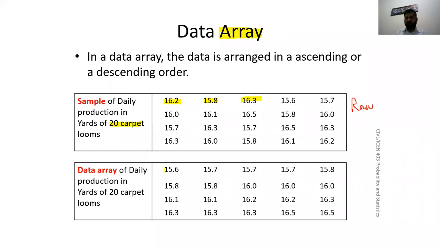We started from the lowest point, 15.6, then the bigger one, then another bigger one, and so on. The smallest one is at the beginning and the highest one is at the end. So this is the ascending order, from smaller to bigger. If I write it opposite, if I start from 16.5 and write the smaller values, and 15.6 at the end, it will be the descending order.